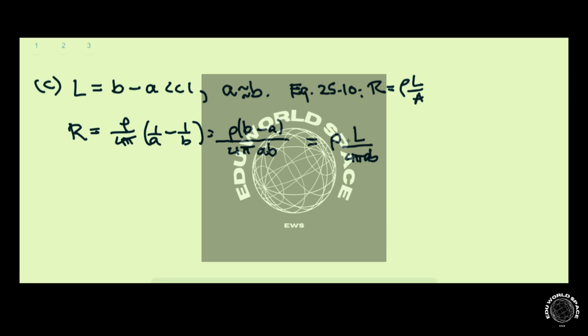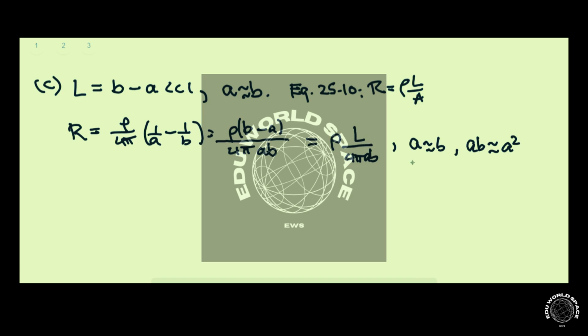Now, when L is small, then A is approximately B. If the separation between A and B is small, then the radii of the two spheres are close together, so the product AB is approximately A squared.